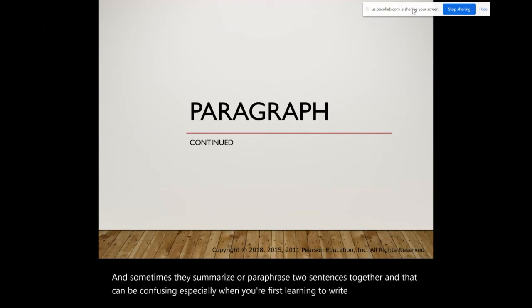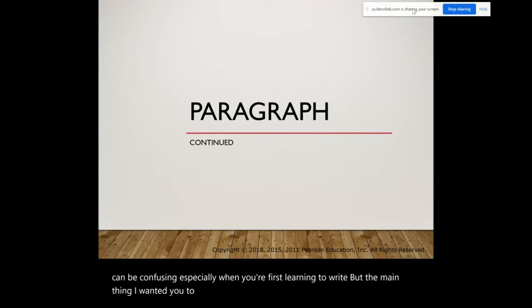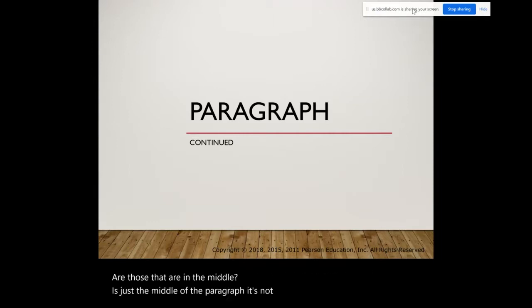But the main thing I wanted you to see was that the supporting sentences are those that are in the middle of the paragraph. It's not the first sentence. It's not the last.